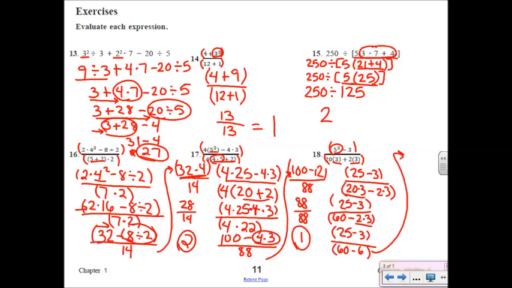So then I can take care of just the addition and subtraction step. Top, 25 minus 3 is 22. And on the bottom, 60 minus 6 is 54. And that's not going to be a pretty decimal, so I'm okay if you just leave it as 22 over 54.